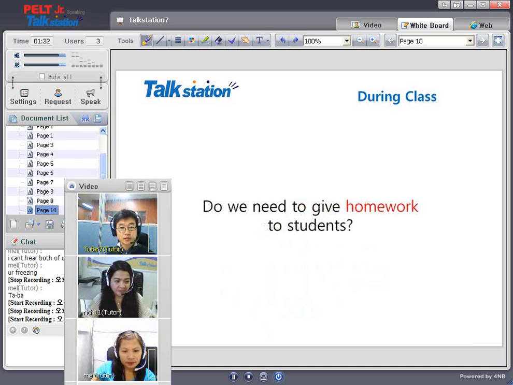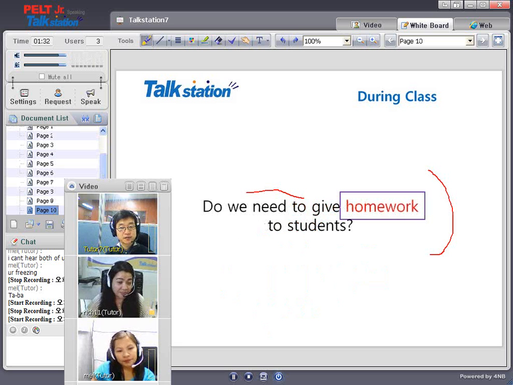And next question. Do we need to give homework to students? Do we need to, or we don't have to? What is the appropriate answer to this question? Okay, sir, if the students want it, especially if the parents request homework, the teacher has to give homework.